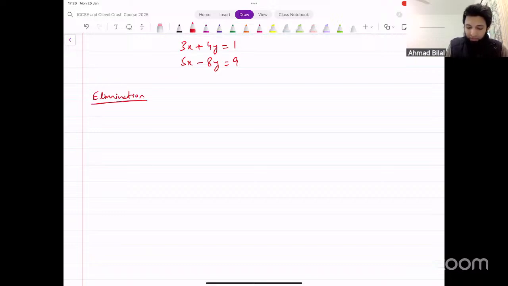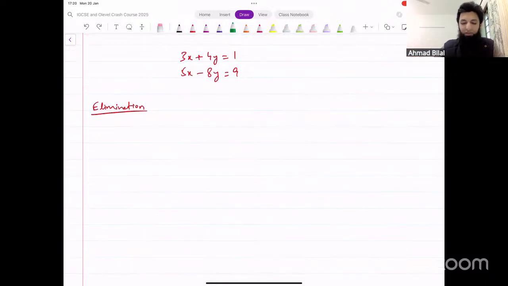Now, the idea of elimination is that we want to write these equations down in such a way that we can eliminate one of the two variables, that means either x or y, by adding or subtracting these equations. Now, let's see how this would work.